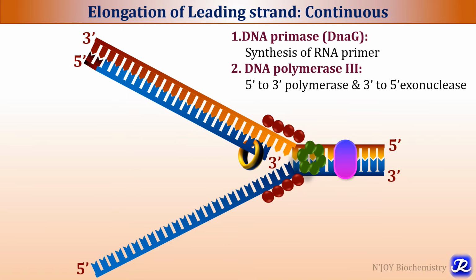It also has 3' to 5' exonuclease activity, which is required for proofreading, or error detection and correction. So this is how elongation of the leading strand, which is continuous, occurs in 5' to 3' direction with the help of DNA polymerase 3.